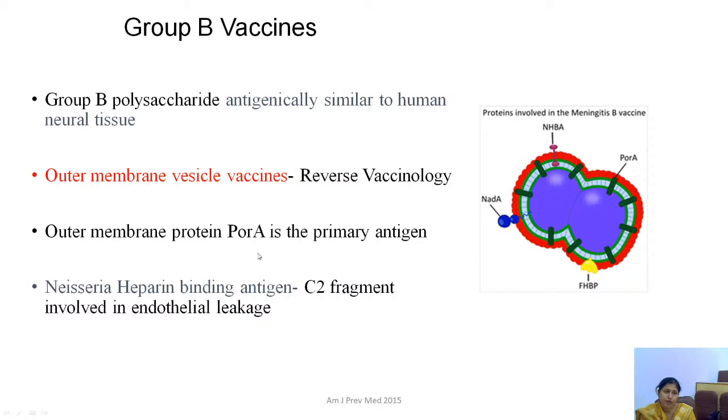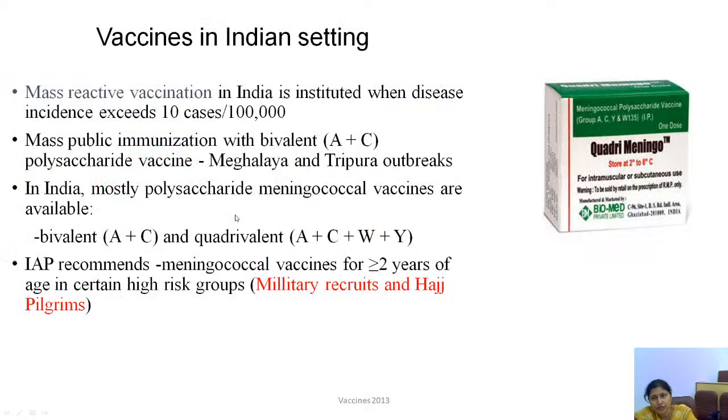Okay. So outer membrane protein 4A is a primary antigen, and here Neisseria heparin binding antigen, C2 fragment, is involved in the endothelium. So no need to remember, you just remember that the group B vaccine of Neisseria meningitidis has been targeted for the outer membrane vesicle by reverse vaccinology.